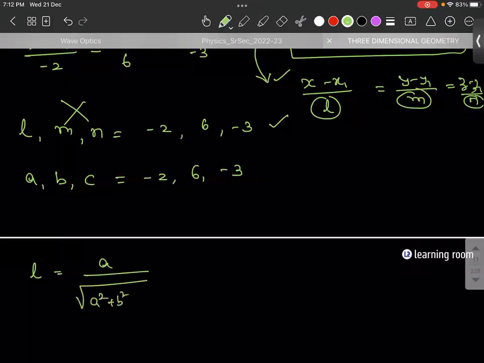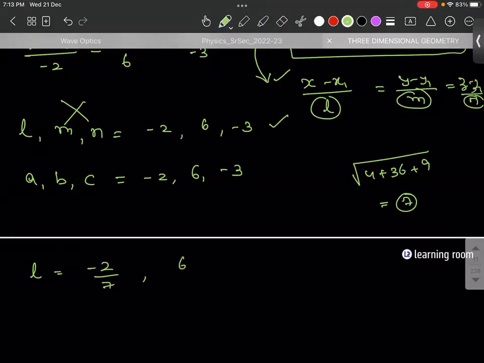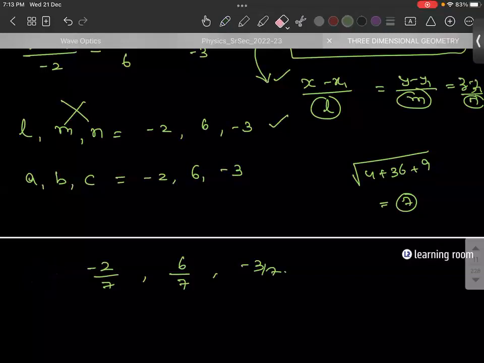So root of 4 plus 36 plus 9, which is root 49, that is 7. So we get minus 2 by 7, 6 by 7, and minus 3 by 7. So they are the direction cosines. Am I right?